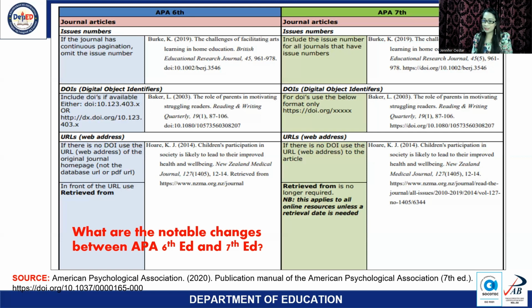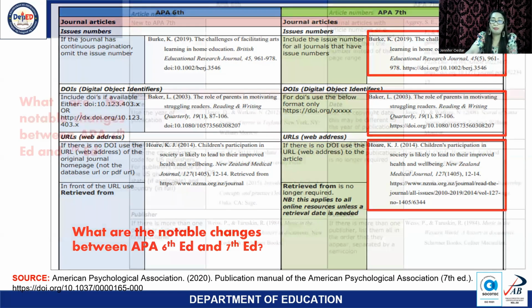For materials that are updated daily or usually every day, for example online dictionaries, online almanacs, or those that are always changed or updated. So that's the time that we can use a retrieval date. But if they are journals, we no longer write retrieved from. Okay, as you can see in the example.